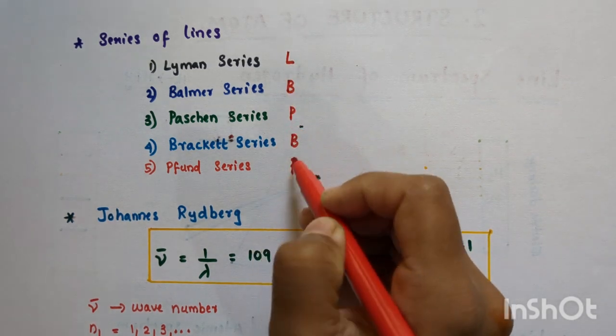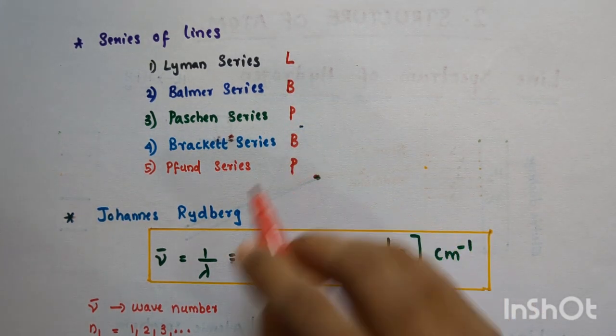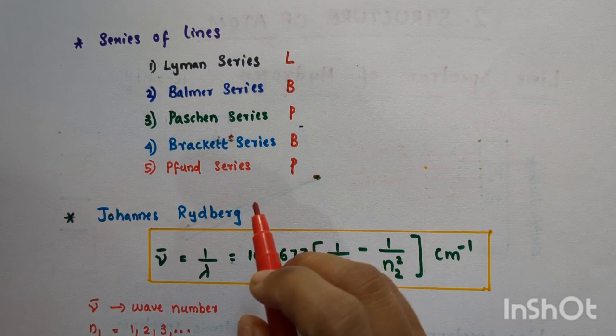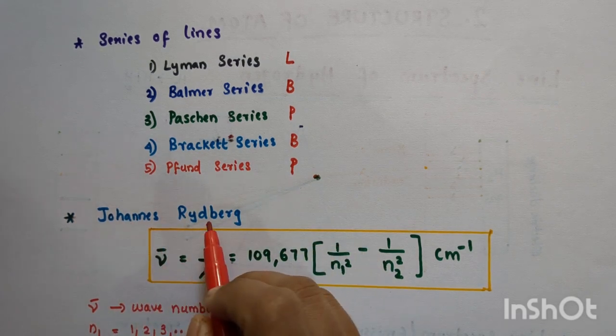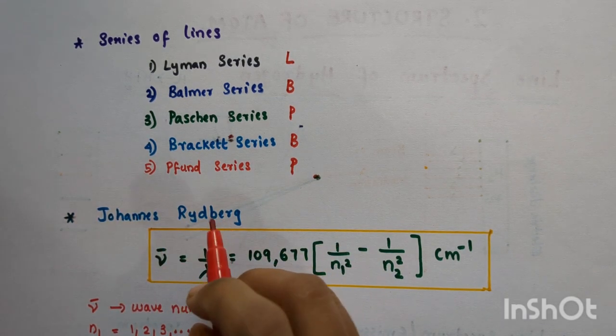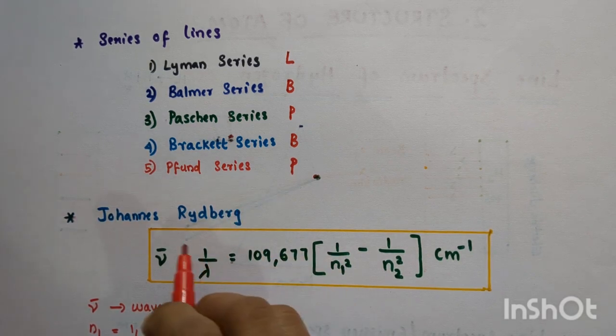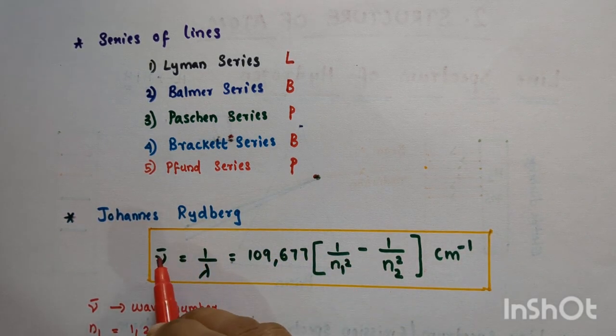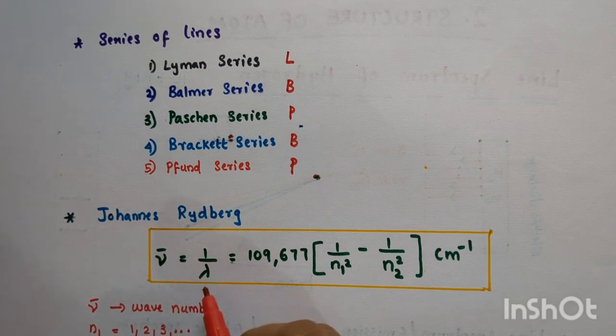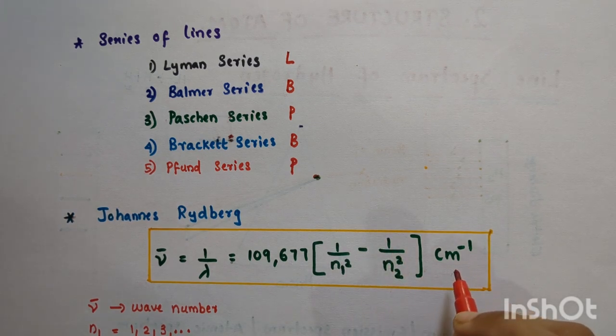See, the Swedish spectroscopist Johannes Rydberg noted that all series of lines in the hydrogen spectrum could be described by the following expression. That is, nu bar equals 1 by lambda, which is equal to 109,677 into (1 by n1 square minus 1 by n2 square) centimeter raised to minus 1.